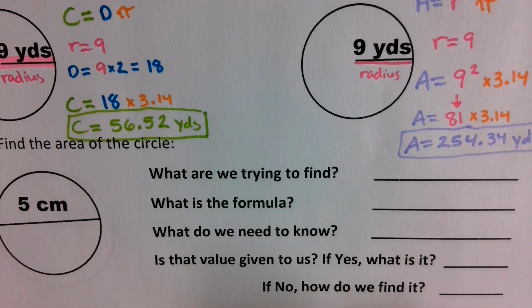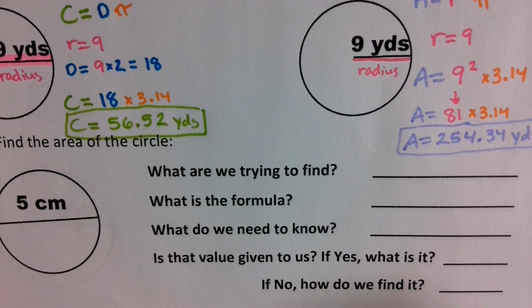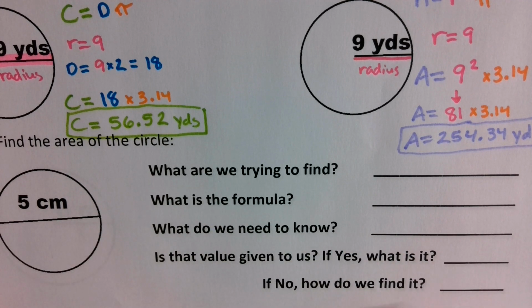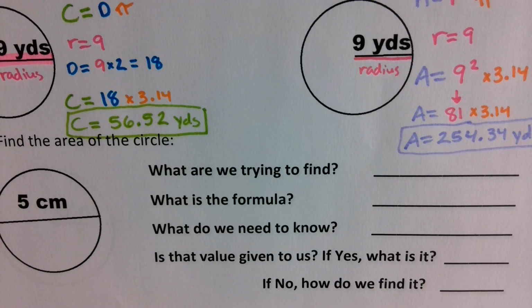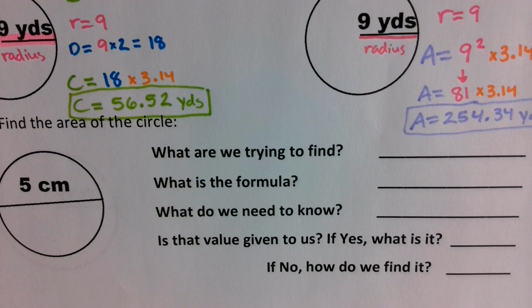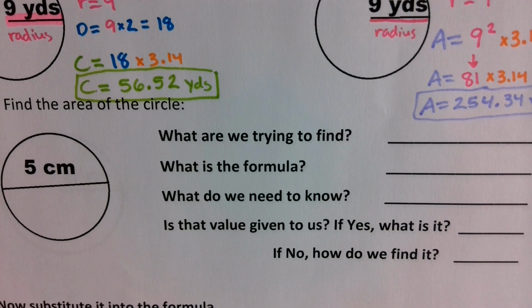If it's area, we need to know what the radius is. Do we have that value? If they don't tell you that value, then how can you find it? And then you're going to work it out. So you're answering each of these questions step by step, making sure that you understand what they're asking for. What information do you need? What's necessary? Okay, all 4 problems.